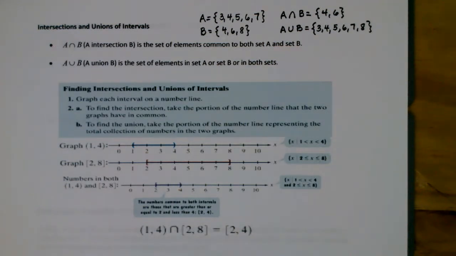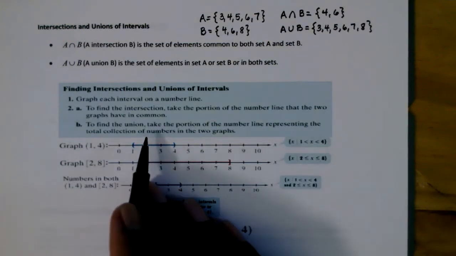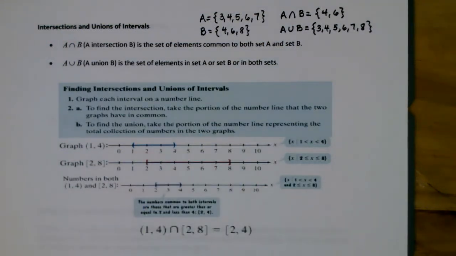In other words, you want to find out for the intersection where these two graphs overlap, where the overlap happens. And if you're finding the union, you're going to take the portion of the number line representing the total collection of numbers in the two graphs. In other words, you're going to take the furthest endpoint on the left and the furthest endpoint on the right of those two. That's how you're going to find the union of those two intervals.